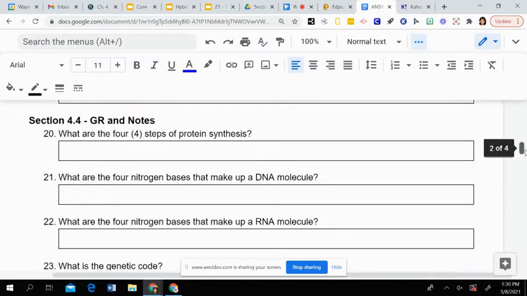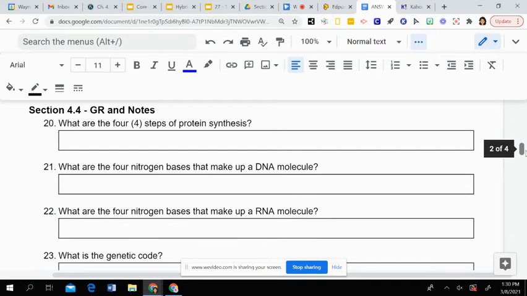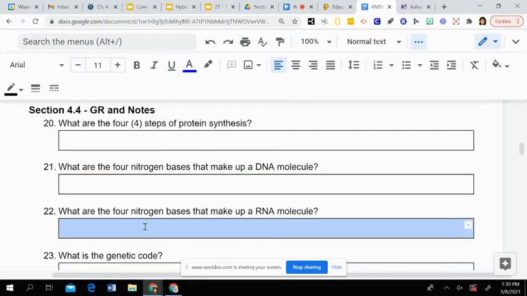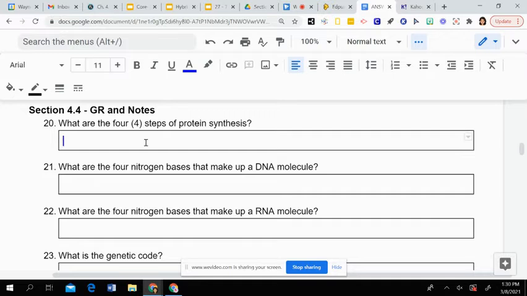Okay, moving on to section 4.4. The summary of 4 steps of protein synthesis. If you just use your 4.4 guided reading notes, they summarize those steps. DNA creates messenger RNA, or synthesizes it. Then the messenger RNA attaches to ribosomes.